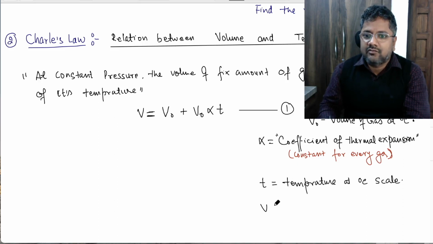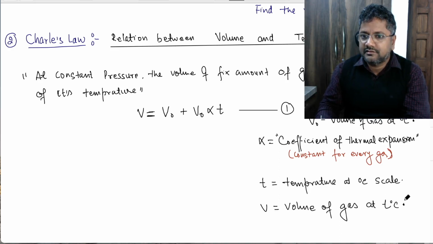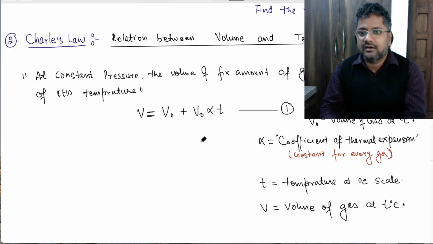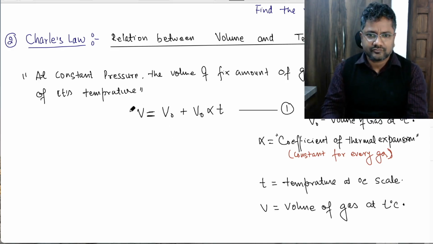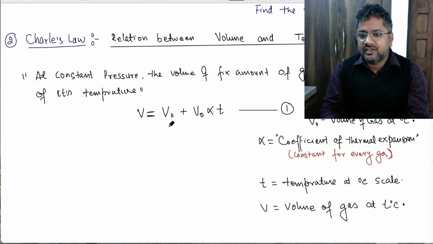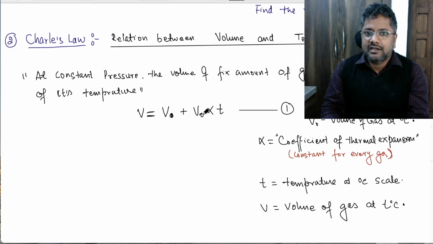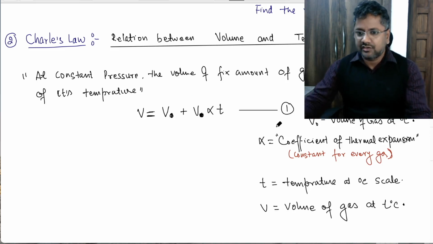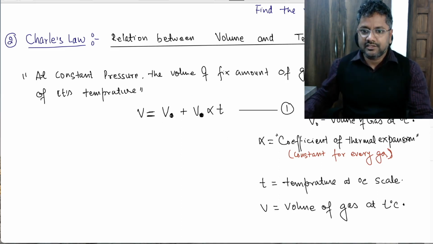And V is the volume of gas at T degree Celsius, right? So hopefully all the terms are explained here. V is the volume of gas at T degree Celsius, V naught is the volume at 0 degree Celsius, alpha is the coefficient of thermal expansion, and T is the temperature in degree Celsius scale.